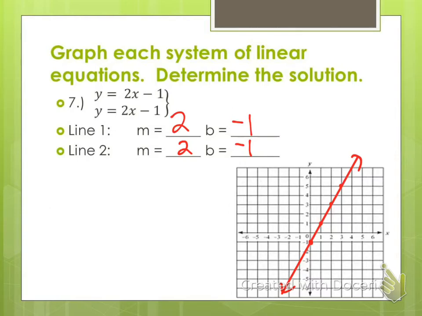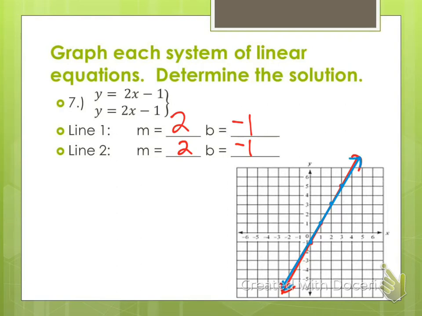Kian? They're both going to be on the same line. Yeah, I'm going to end up graphing all the same points. I graph -1, I go up 2 over 1, up 2 over 1, and all my new points are lying on the same exact line that I just made. So I can graph it again.